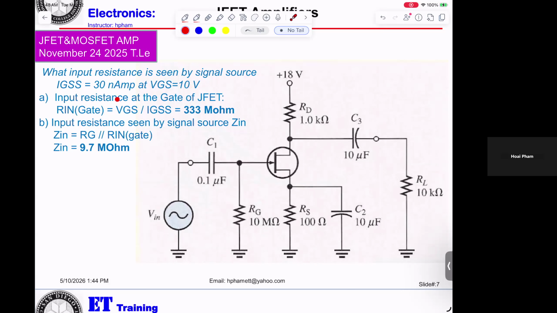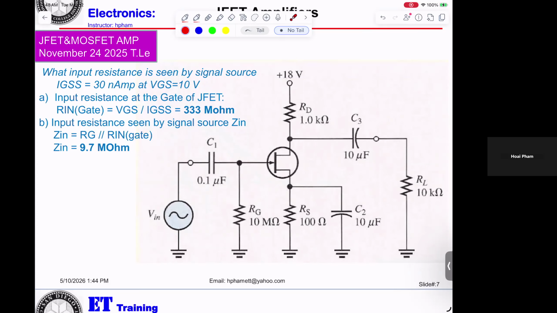The input resistance at the gate of the JFET, R in gate, equals VGS divided by IGSS. The input resistance seen by the signal source equals RG parallel R in gate.